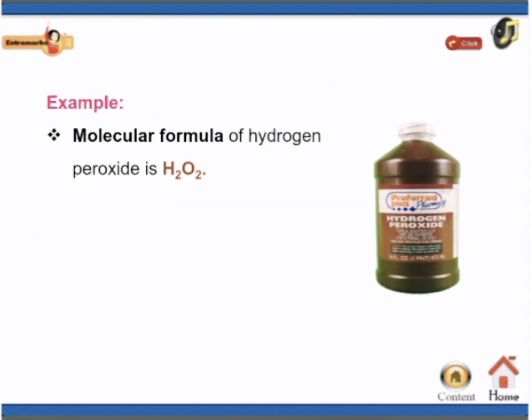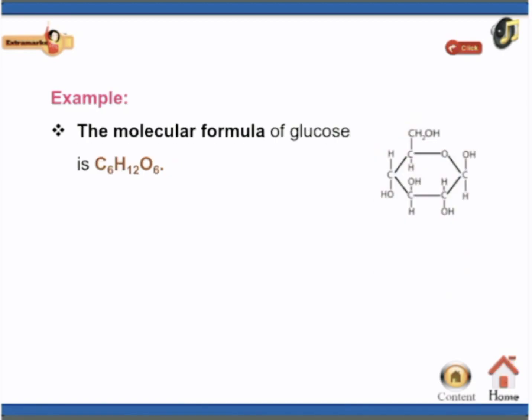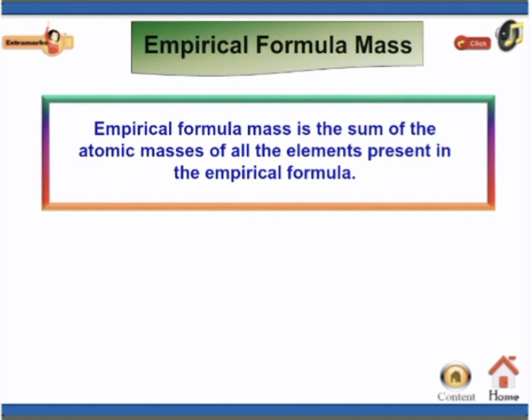For example, the molecular formula of hydrogen peroxide is H2O2. Let us consider another example. The molecular formula of glucose is C6H12O6. Empirical formula mass is the sum of the atomic masses of all the elements present in the empirical formula.